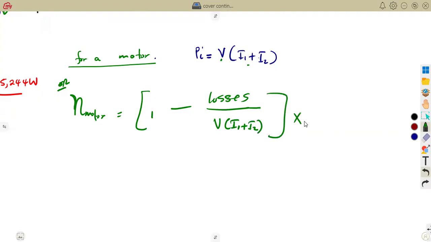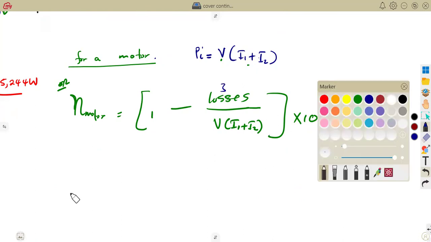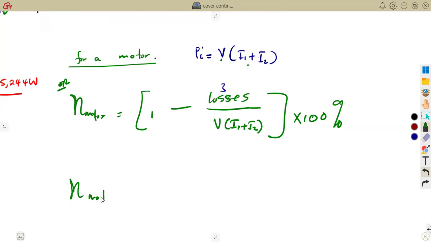Whichever formula you use, you're going to have the same answers. Remember your three losses. The efficiency of the motor, you're going to insert your values: 1 minus. This is a single fraction, so you add all the losses together, all the losses that you just added there on a motor. Remember, we had 600 plus 500 plus.